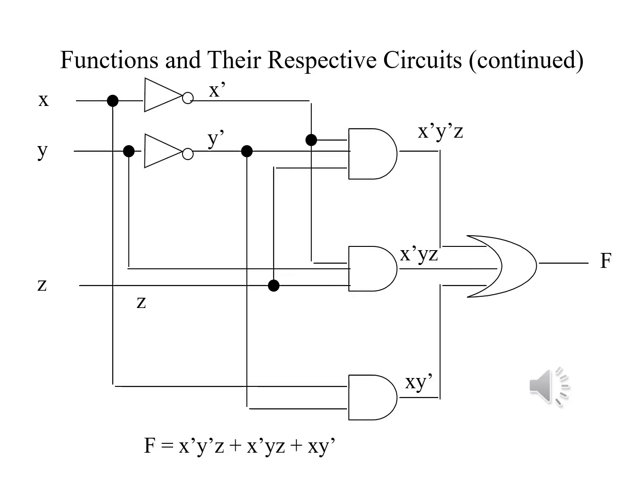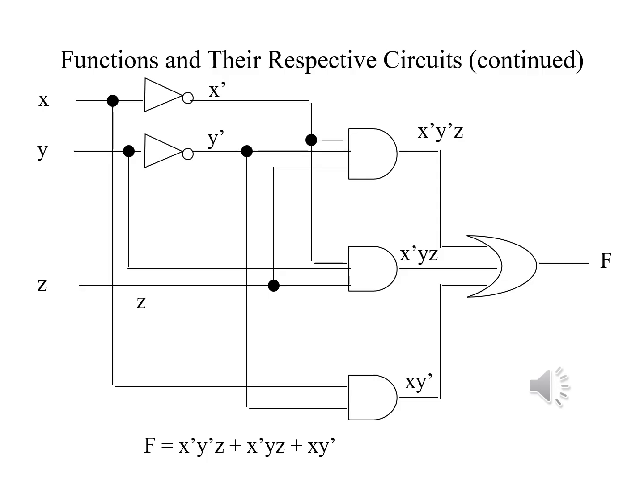In this circuit, you'll see that I have x at the top going through an inverter to give us x prime, y similarly going through an inverter and giving us y prime. This goes into an AND gate where it is met with a branch of z to give us x prime, y prime, z.